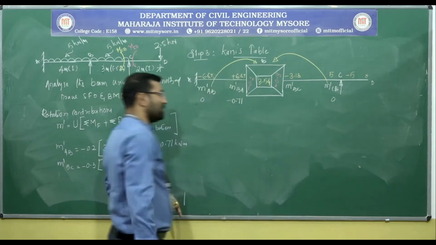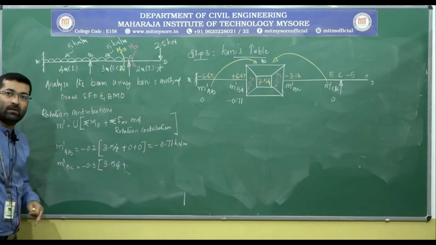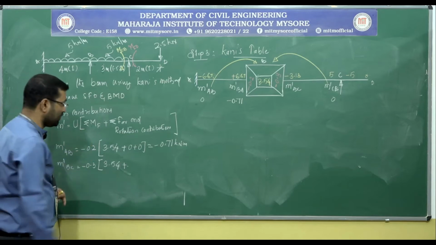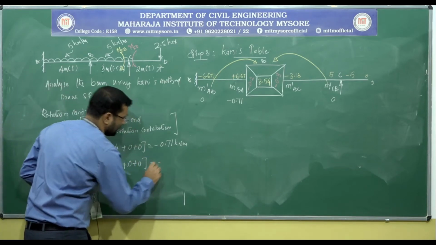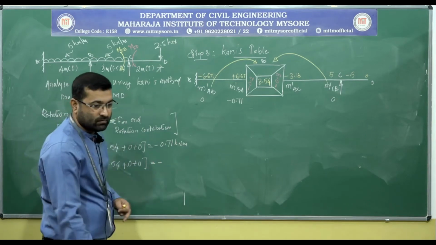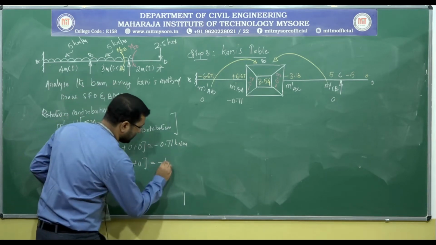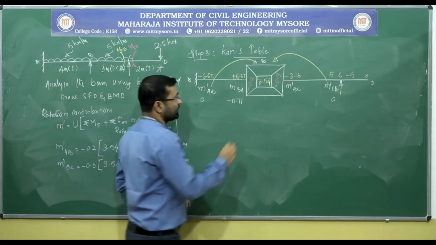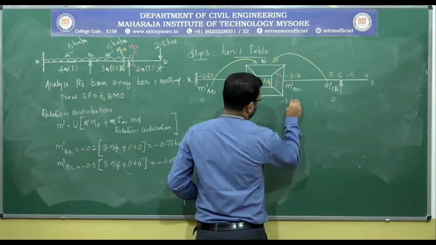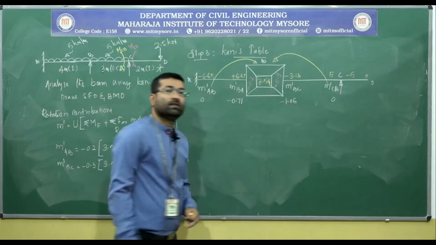The far end rotation contributions are M dash AB and M dash CB, both are 0. 0 plus 0 gives you a value of minus 1.06 kilonewton meter.